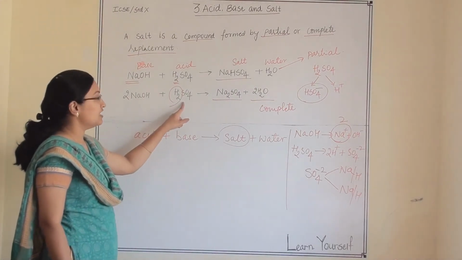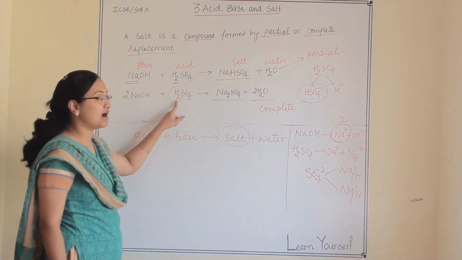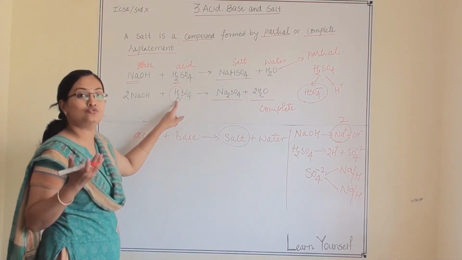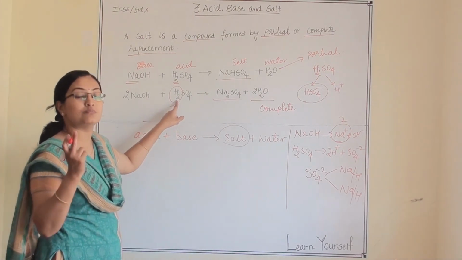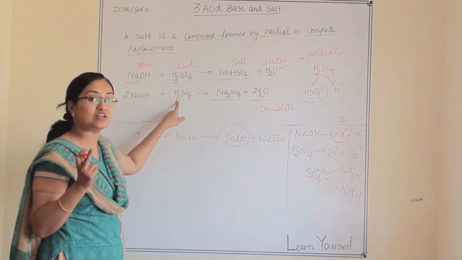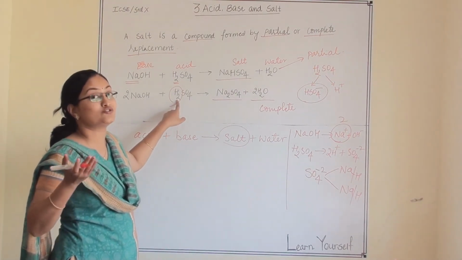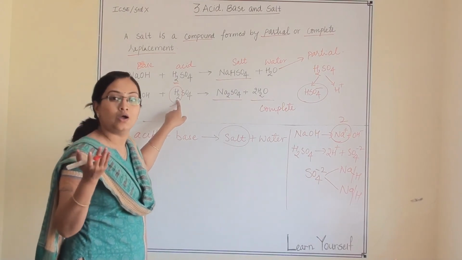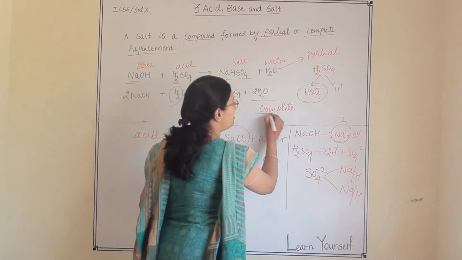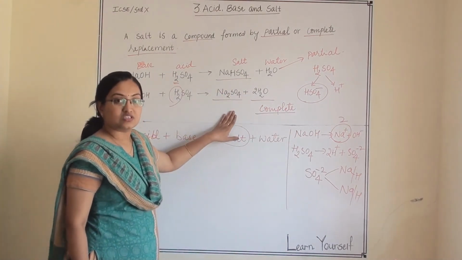Since in 1 molecule of sulfuric acid there are 2 hydrogen, to replace 2 hydrogen you obviously need 2 sodium, because sodium's combining capacity is 1. If you are replacing with any other ion whose combining capacity is 2, then maybe you require only 1. So here Na2SO4 is a complete replacement. Here there is no H.